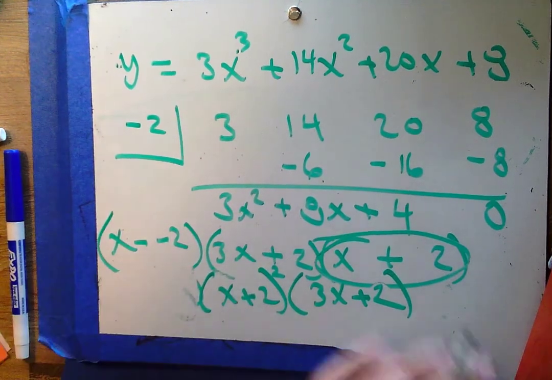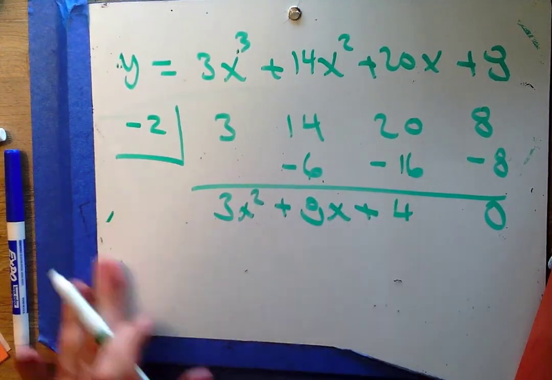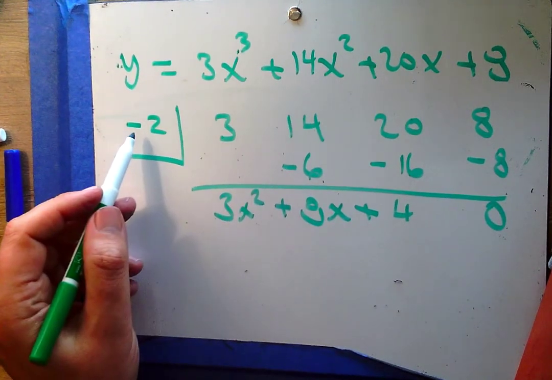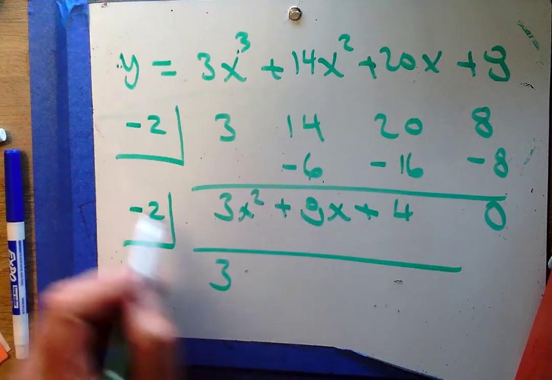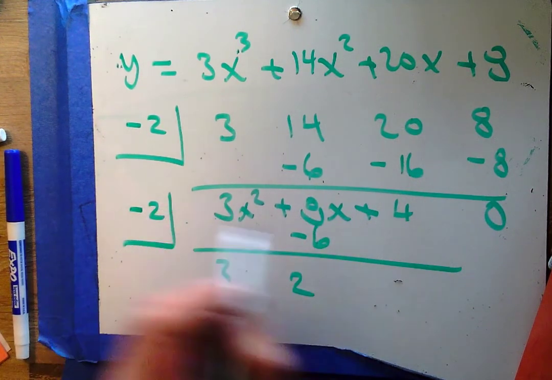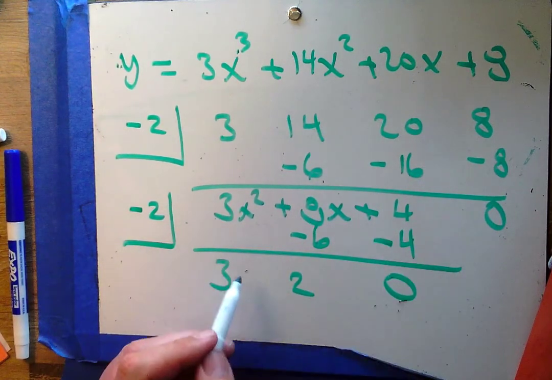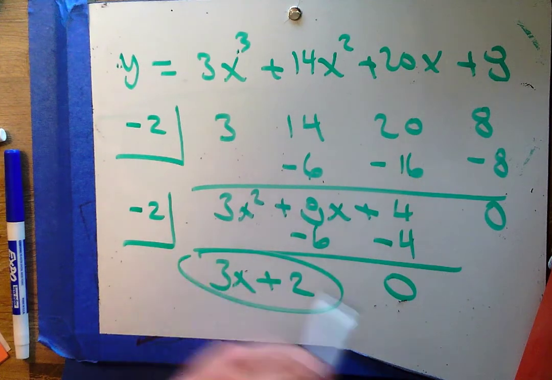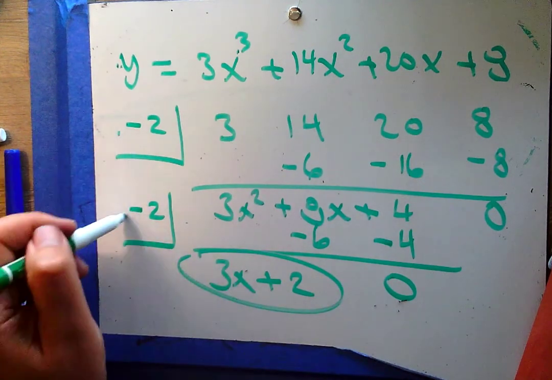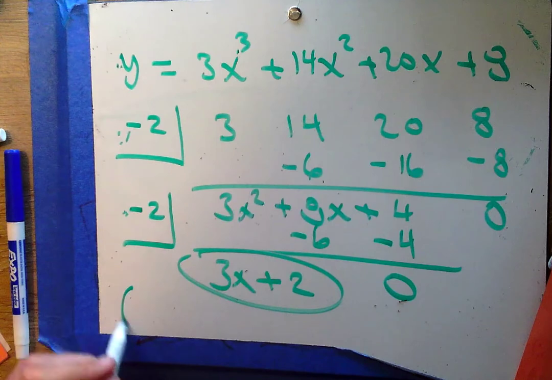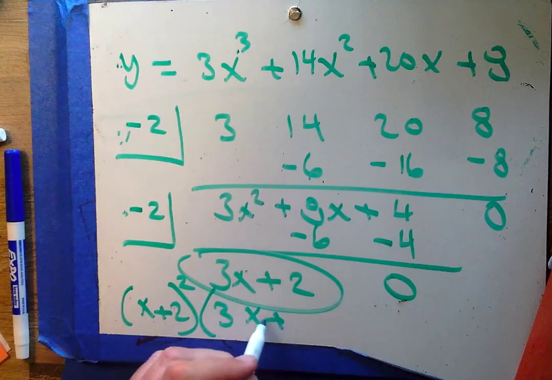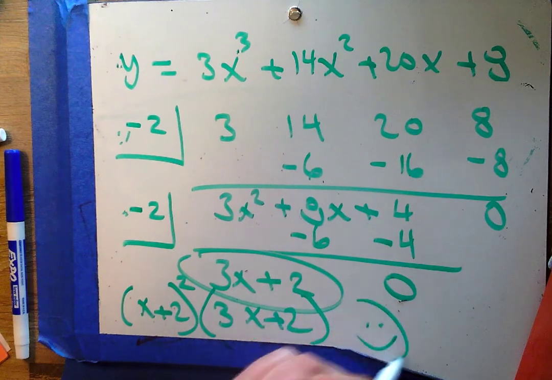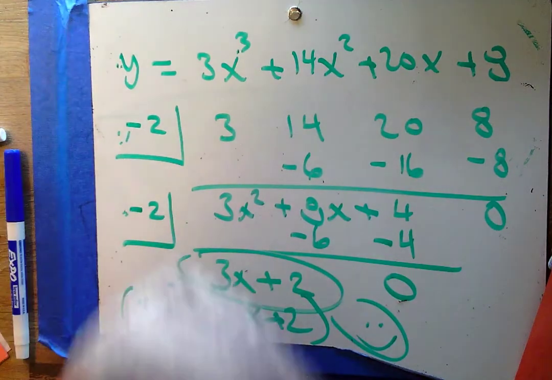I shouldn't be surprised. If I see that bounce, then I know that this is going to work again. And so I get -6, +2, -4. Ta-da! There's that third factor. And I'd use this one twice. So x plus 2 twice, and a 3x plus 2. Ta-da! All right, so what about this one?